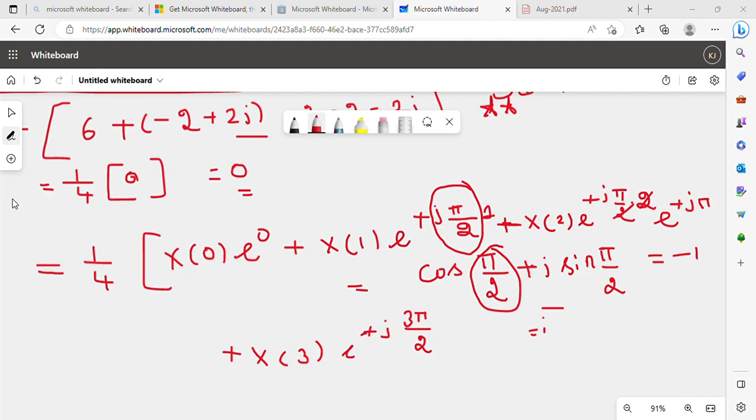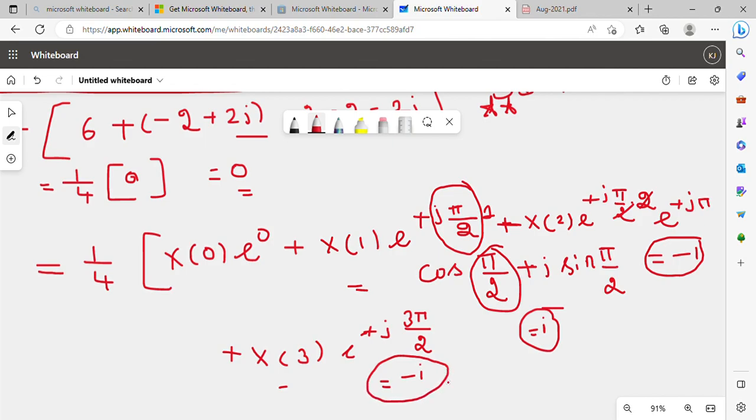So if I do this, I get minus I. What I got? First for this I got I. I got I for this one, minus 1 for this one, and minus I for this one, right?